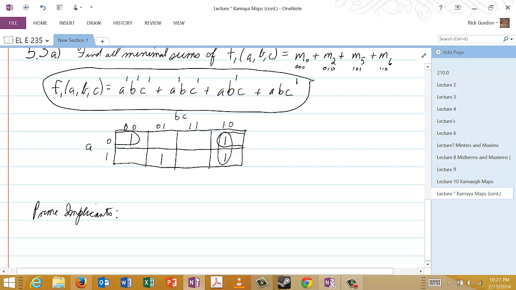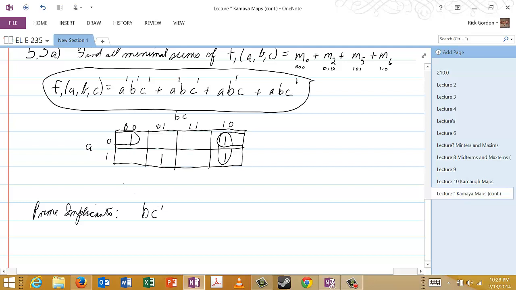However, B and C are both constant. B stays constant and equal to 1. C stays constant and equal to 0. And so those two variables will be in the name. And since B is equal to 1 and C is equal to 0, this prime implicant is the prime implicant B, C prime.